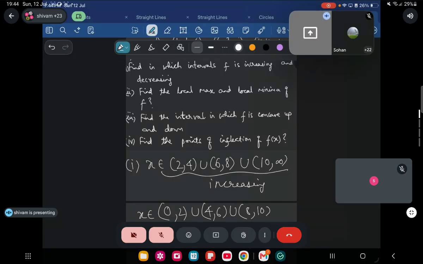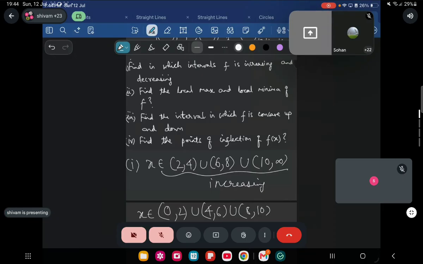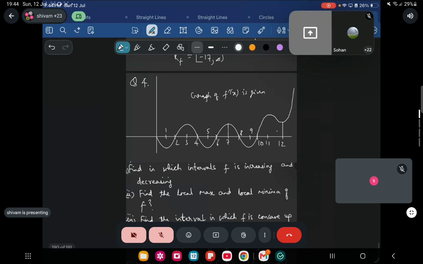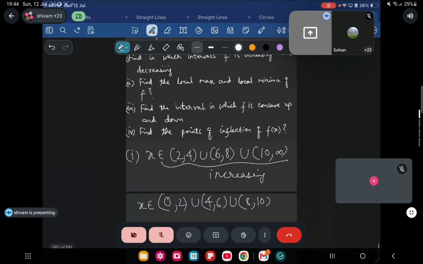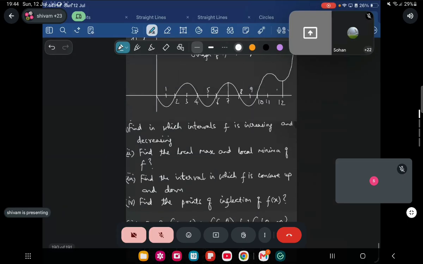Whenever it is negative to positive, it is local minima. 2, 6 and 10. And what is local maxima? Local maxima is 4 and 8. Tell me. Written? Oh, 0, why? Sign does not change. It starts from 0. Okay.